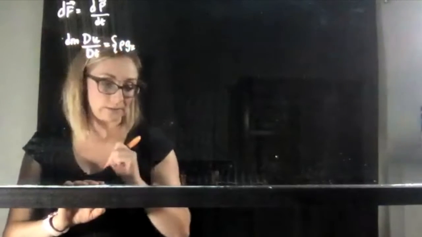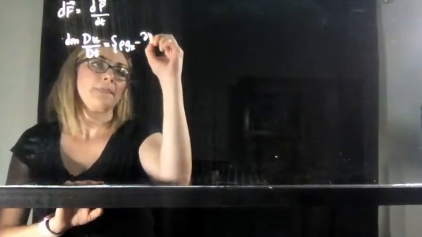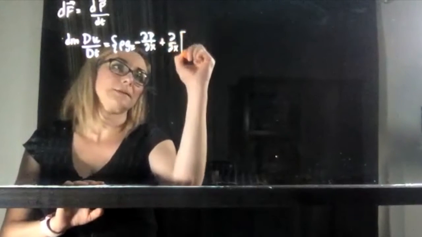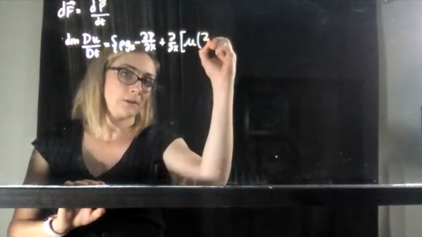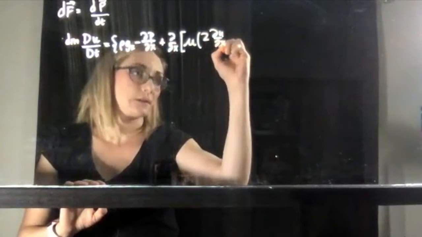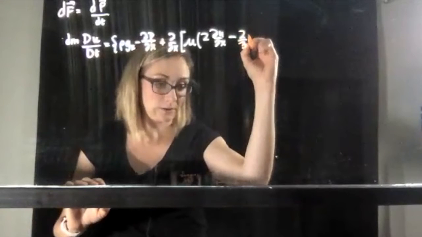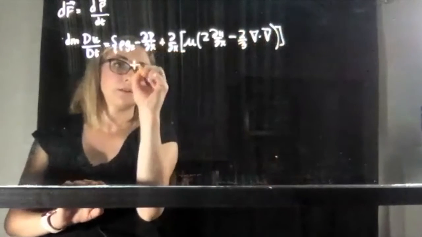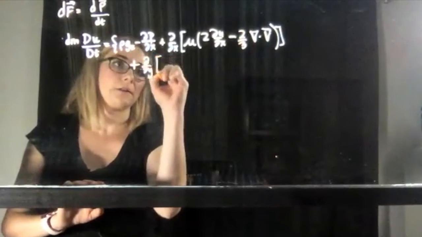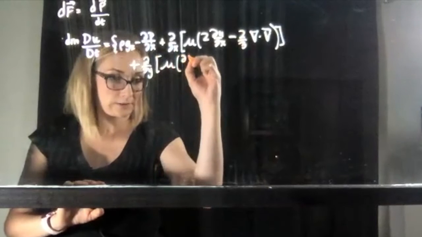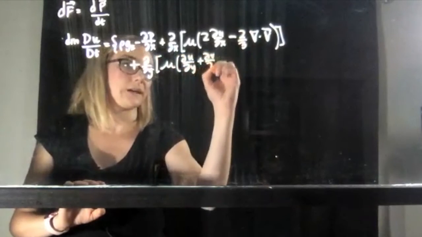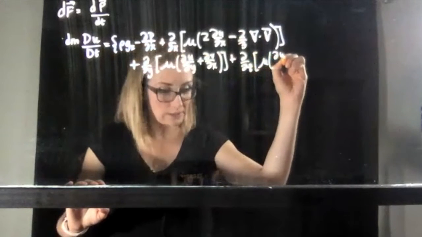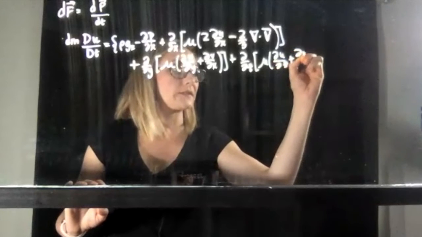rho gx minus the gradient in the x direction with respect to pressure plus partial x of mu times 2 du dx minus 2/3 the divergence of the velocity, plus du dy of viscosity times du dy plus dv dx, plus the gradient with respect to z of mu times du dz plus dw dx.